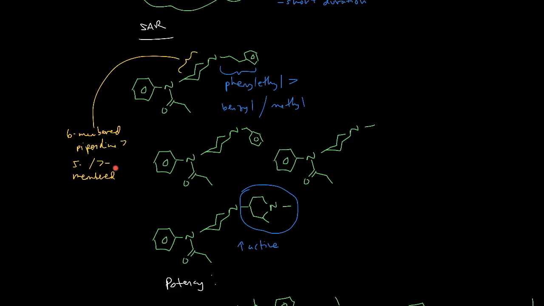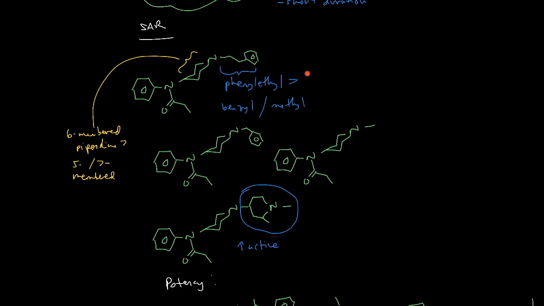Your phenylethyl group, remember earlier in the table I showed you what a phenylethyl group is? Here's your phenyl, and here's your ethyl group, 2 carbons. The phenylethyl group is preferred over your benzyl group, which is 1 carbon and a benzene ring, and also over the methyl group.